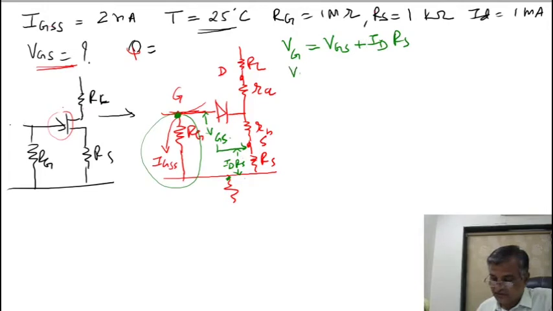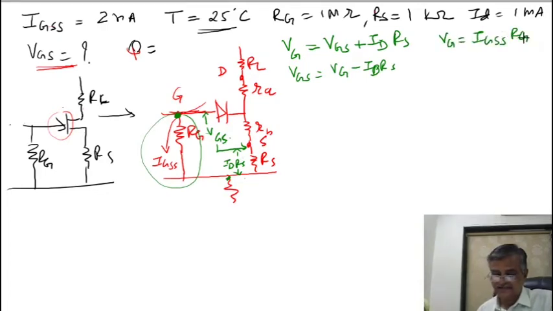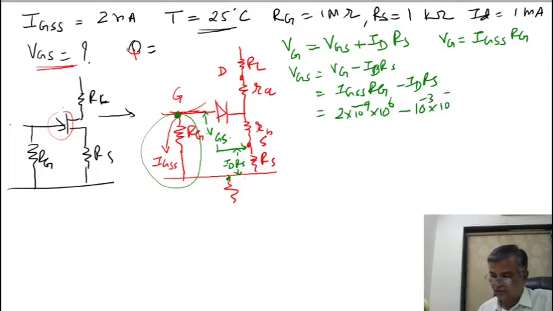So where is my operating point? VGS equals VG minus IDRS. What is VG? IGSS into RG. So VGS equals IGSS into RG minus IDRS. This is 2 into 10 raised to minus 9 into 10 raised to 6, that is 1 mega ohm, minus 1 milliampere into 1 kilo ohm.